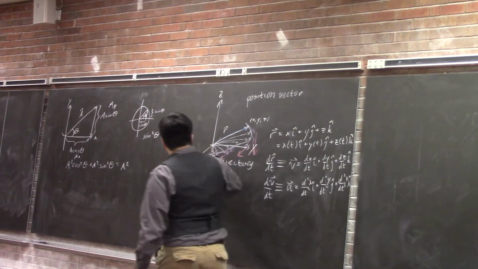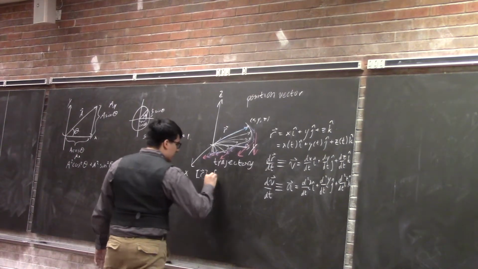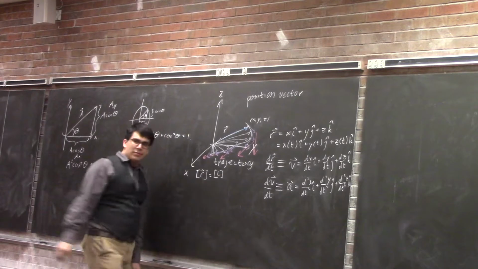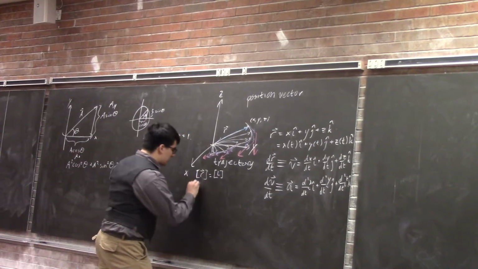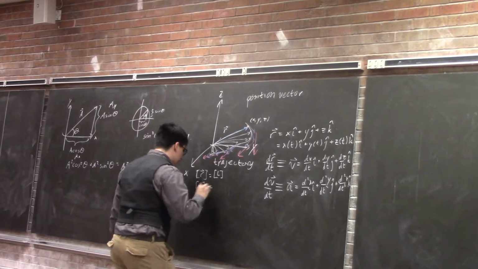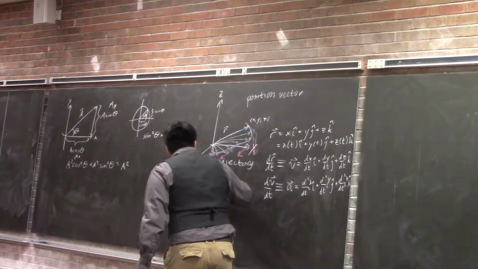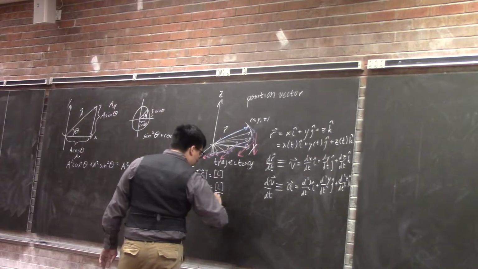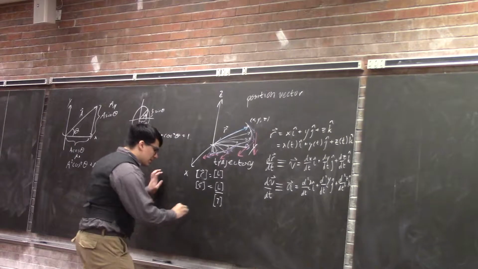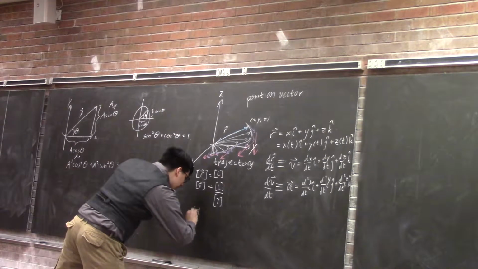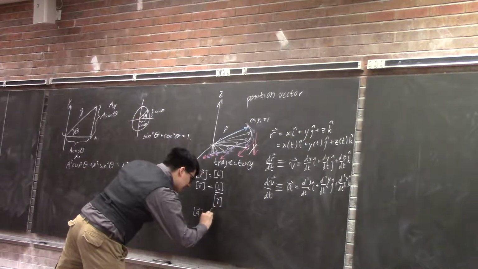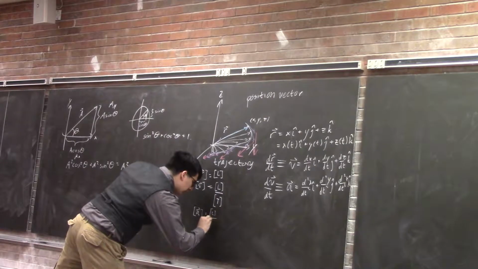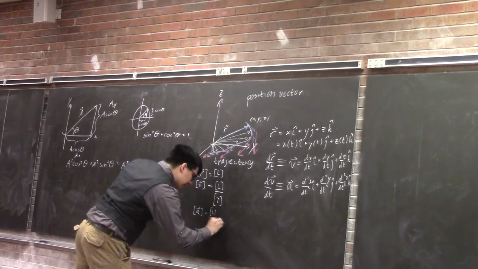The dimension of this position vector is length. The dimension of the velocity vector is going to be length per unit time. The dimension of the acceleration vector would be length per unit time squared.